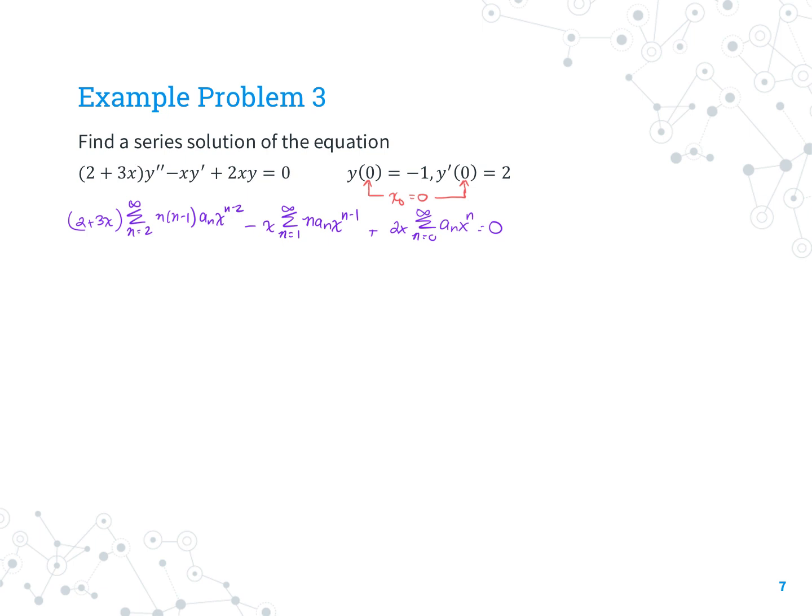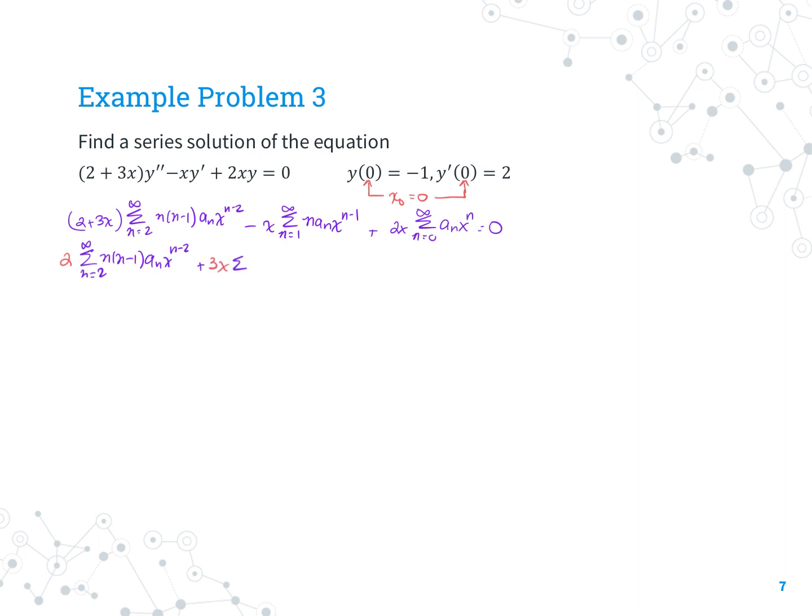So when we start moving our terms around, we end up with a 2 times our sum from n equals 2 to infinity of n times n minus 1 a sub n x to the n minus 2, and then plus our 3x out here on the outside.